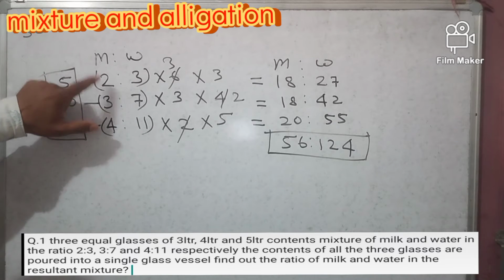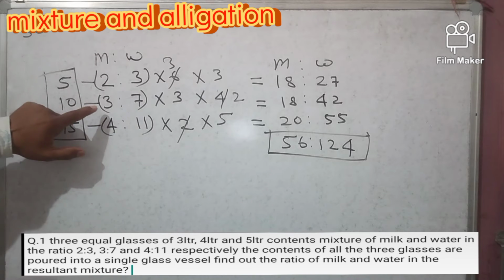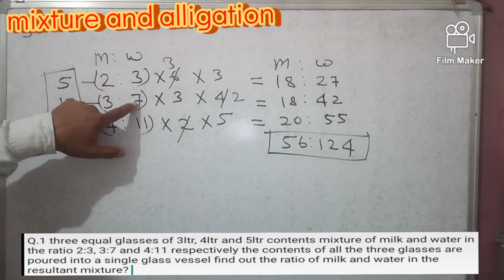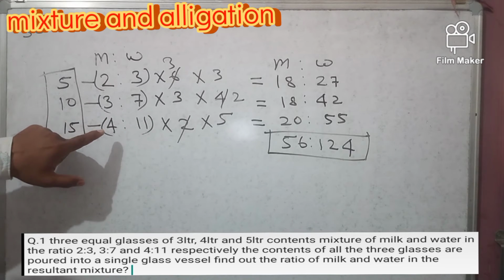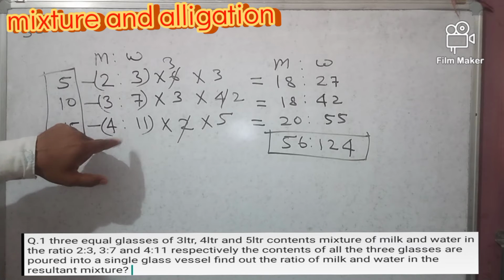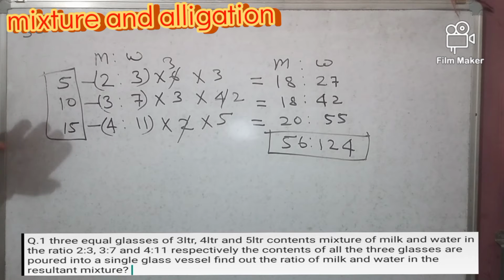2 is milk and 3 is water, so total part is 5. In the second vessel milk is 3 and water is 7, so total part is 10. Milk in the third vessel is 4 parts and water is 11 parts, so total part is 15. So we have to make them same if parts are not same, right?